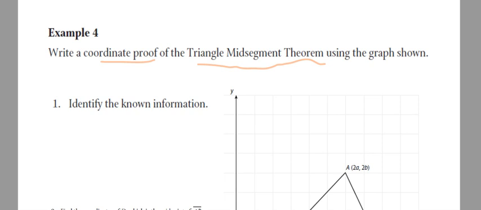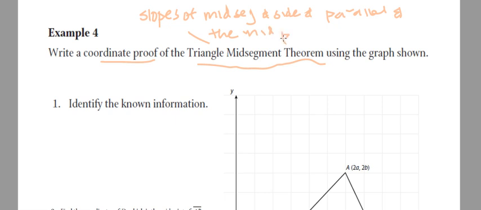The triangle midsegment theorem tells you two things. It says that the slopes of the midsegment and the side length are parallel, and that the midsegment is half the distance of that parallel side length.